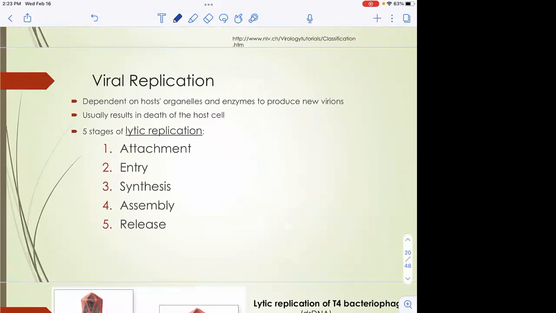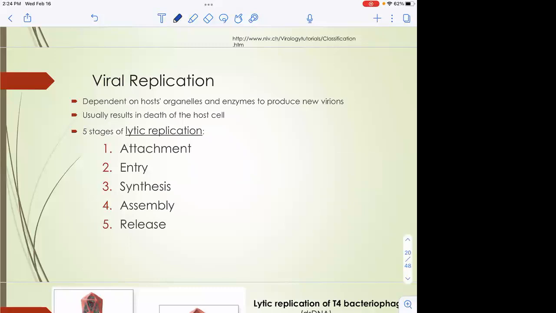Okay, so remember, a virus has to be in a living cell before it can replicate itself. That's the difficulty in growing them in the lab. We have to have some living cells and then add the viruses in. We can't just grow viruses on the media that we grow bacteria on.